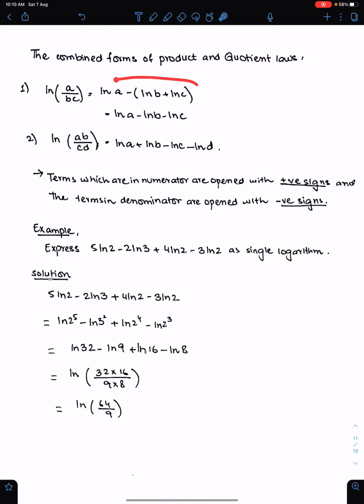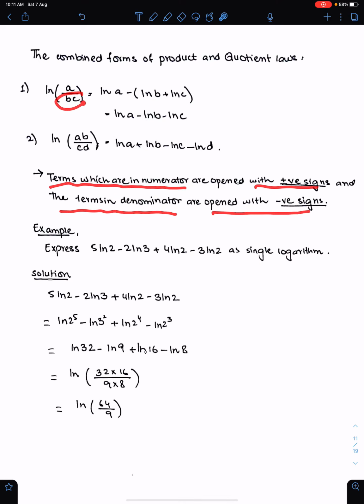But you can do this directly in this way. You can write this as ln a, and since both the functions are in the denominator, there must be a negative sign for both. So minus ln b minus ln c. See, terms which are in the numerator are opened with positive signs, whereas the terms in the denominator are opened with negative signs.